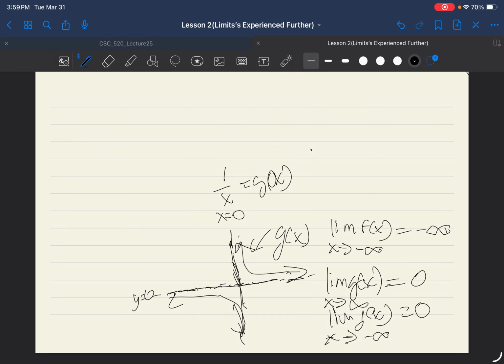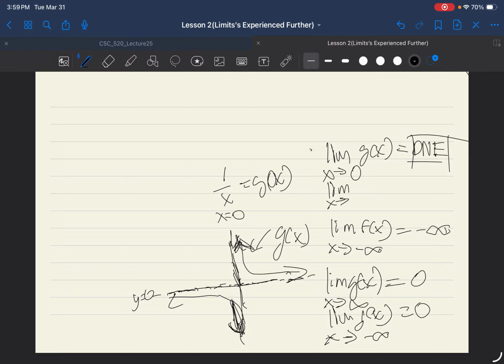And we know that any number divided by 0 does not exist, meaning the limit as x approaches 0 of g of x, well, this side is approaching positive infinity. This side is approaching negative infinity, so what's going on? Where is it actually going? And the answer is nowhere. This does not exist. One of the cases of does not exist.